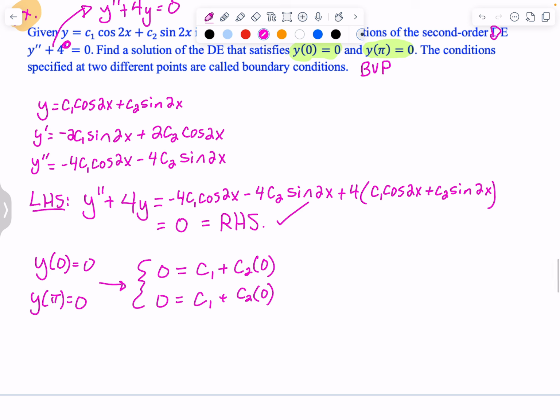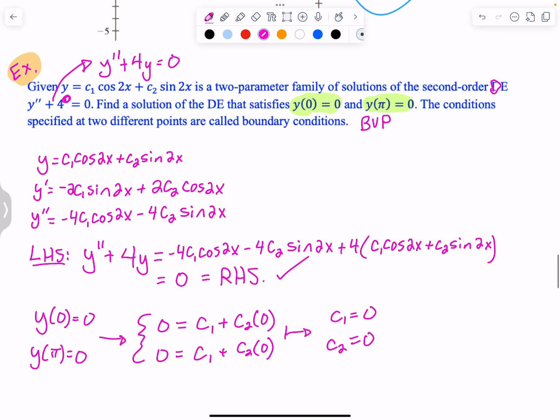This is actually going to provide us with c1 being 0. And then by what we have here, I think c2 really could be anything we wanted. Let's check that out. So c2 equals 0. Let's try if that solution would work. Remember, our diffeq is y double prime plus 4y equals 0.